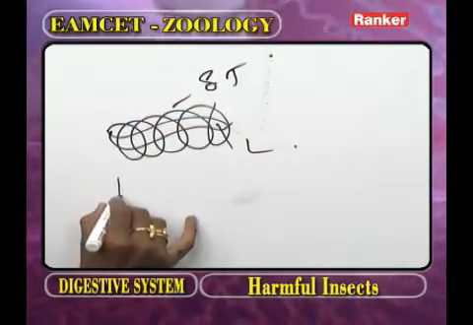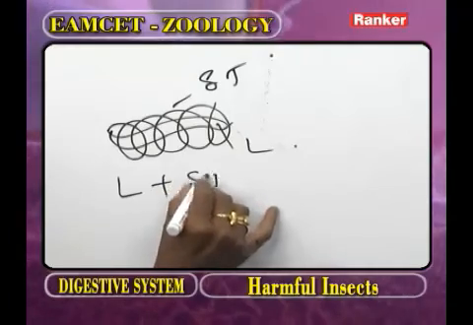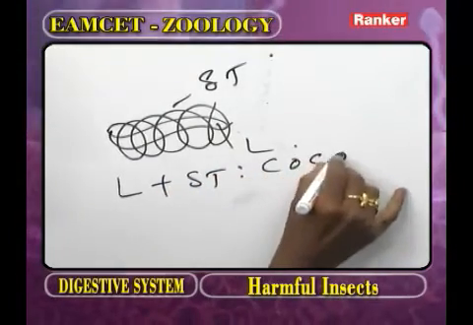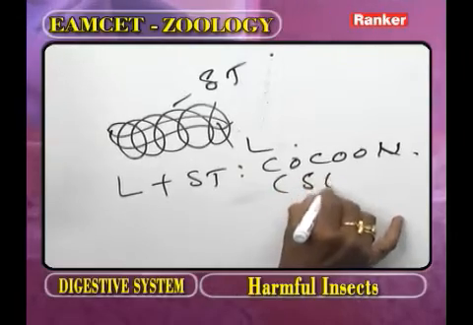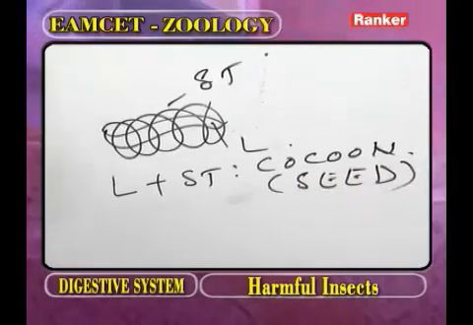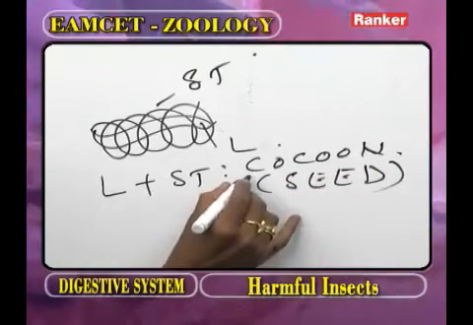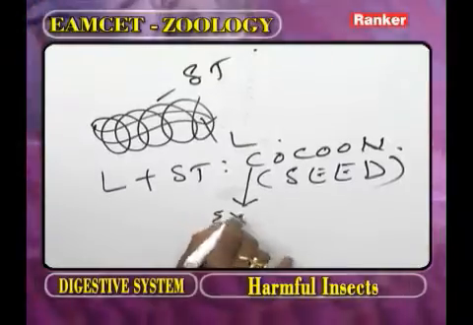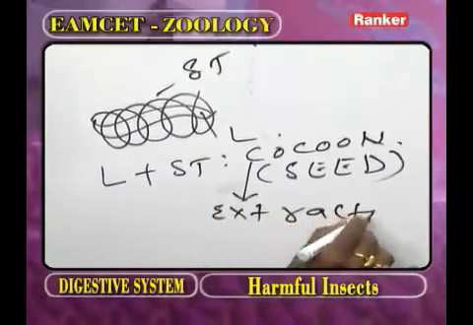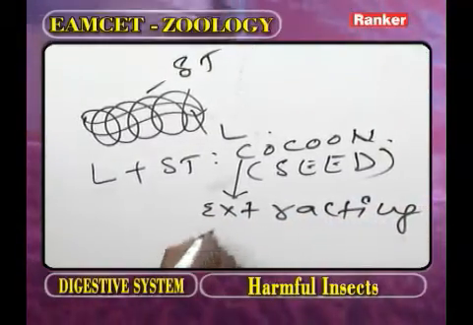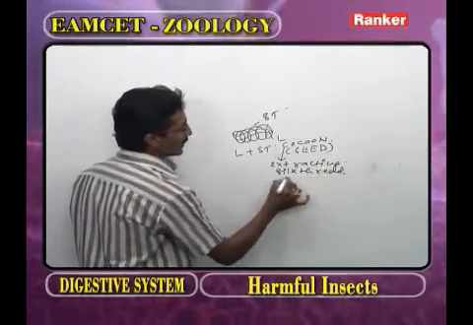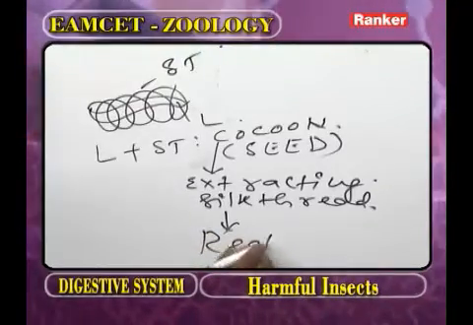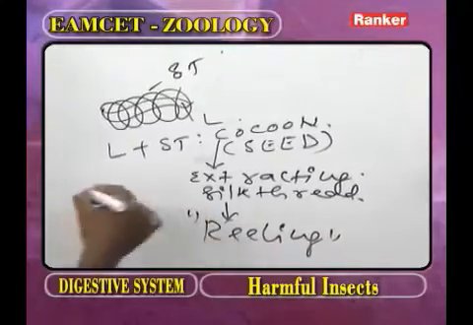Now the larva plus silk thread, we call cocoon. The cocoon is also called the seed. Now from the cocoon we are extracting the silk thread by a process called the reeling method.